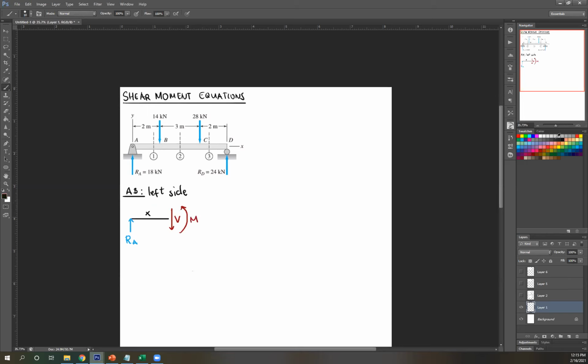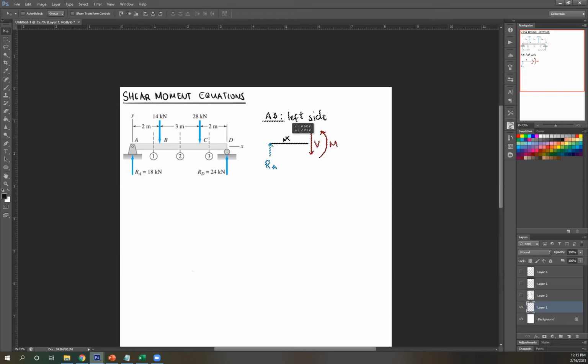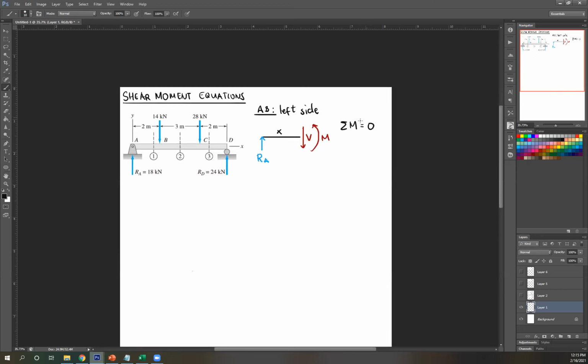And then apply your equilibrium equations.